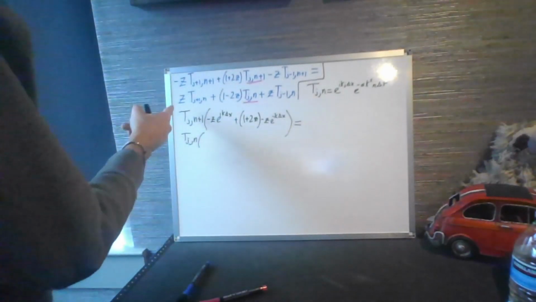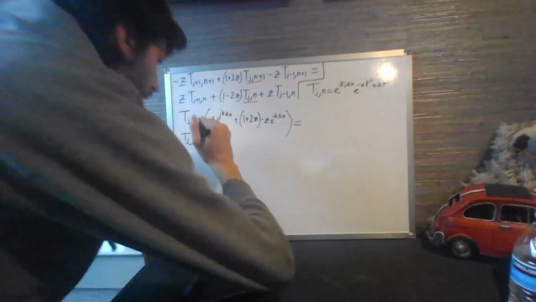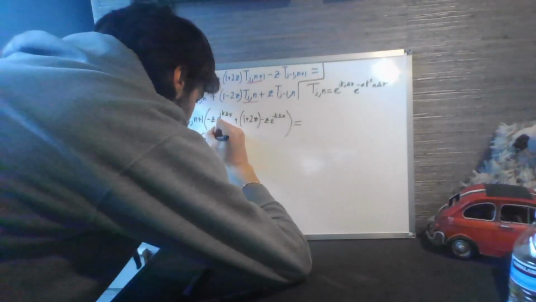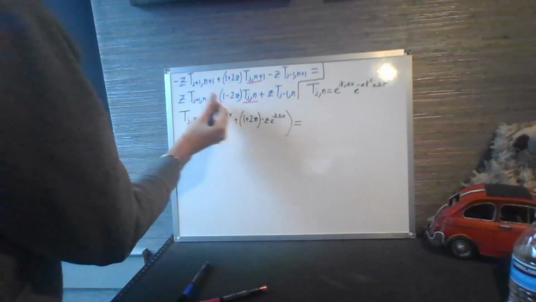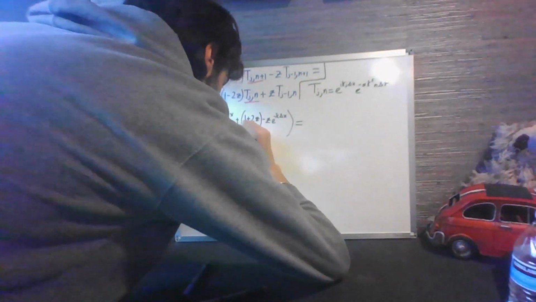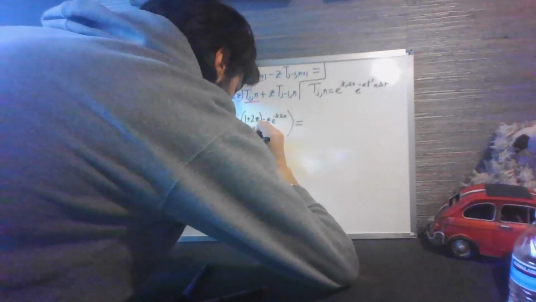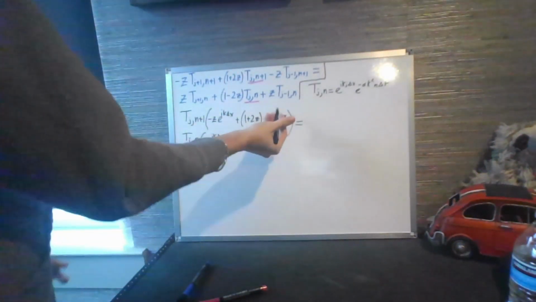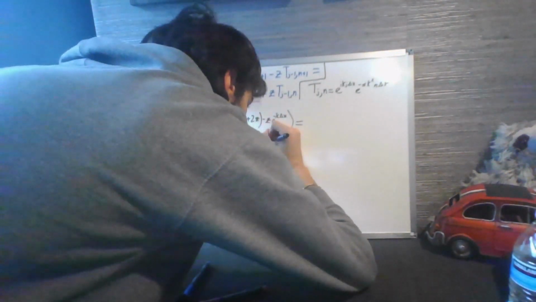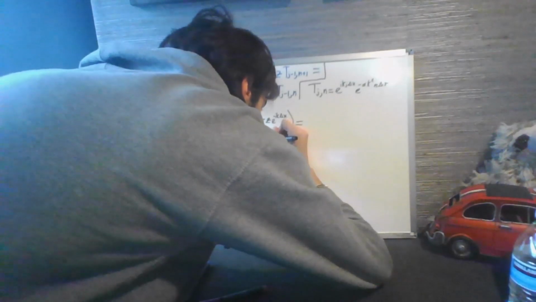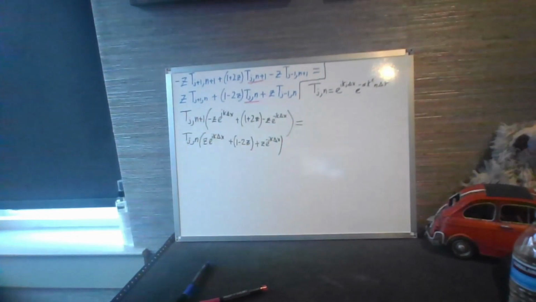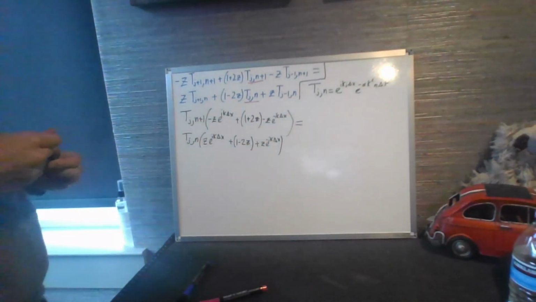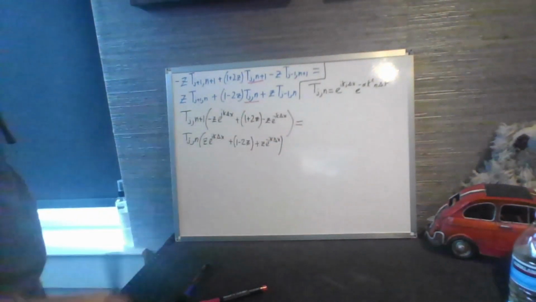It starts off with j plus 1, so we're going to have z times the exponential of ik delta x, and then we're going to have this coefficient, 1 minus 2z, and then finally this negative exponential, but there's a positive z, so plus z times e to the negative ik delta x. There we have it. Those are our two expressions in terms of the heat diffusion equation solution.